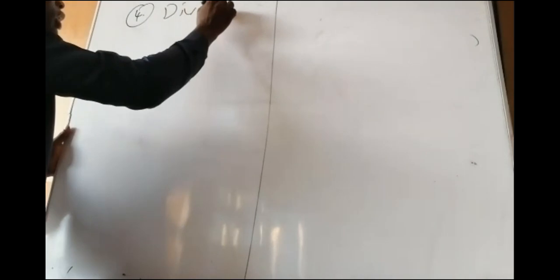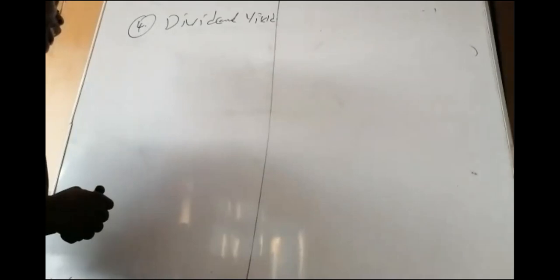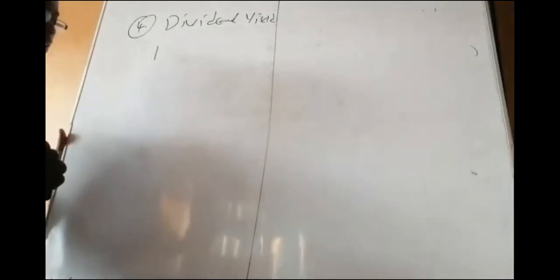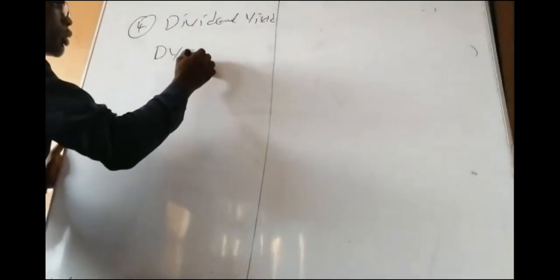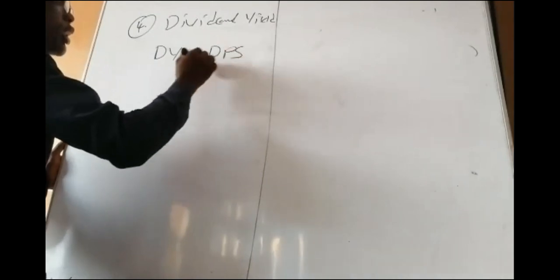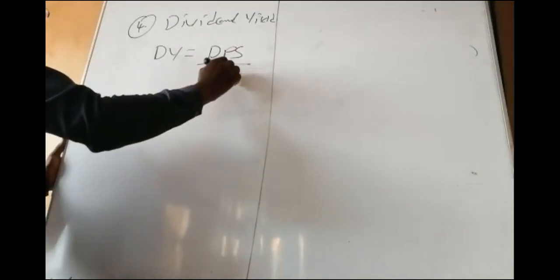So we are on number 4. Dividend yield method. With the dividend yield method, as the name suggests, anything yield is that item per share over the market price per share. So dividend yield is equal to dividend per share over the market price per share, MPS.